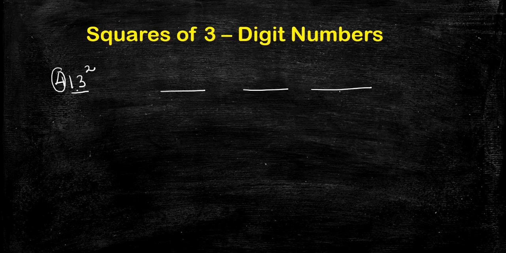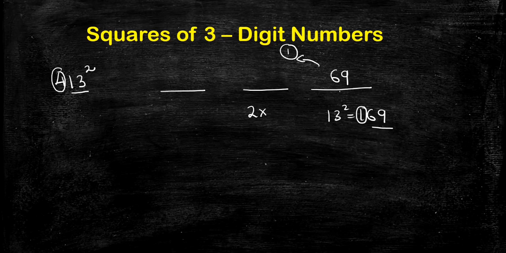So first find the square of 13. 13 square, which is 169. Now, like I said, this can hold only 2 digits. So 69 we will write here, and 1 goes as carry forward. Now, as in the 2-digit number, here also it will be twice the product of the two numbers.